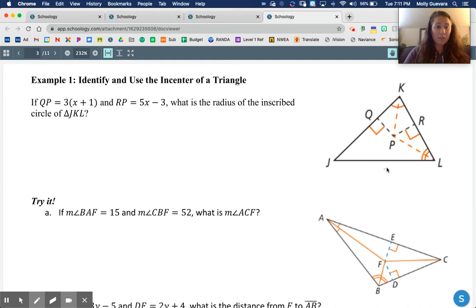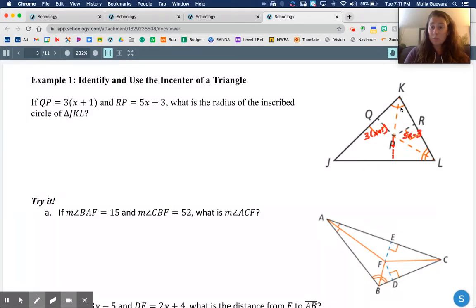So this says if QP is 3 times x plus 1, and RP is 5x minus 3, what is the radius of the inscribed circle? Remember that the radius is just going to be this distance right here.